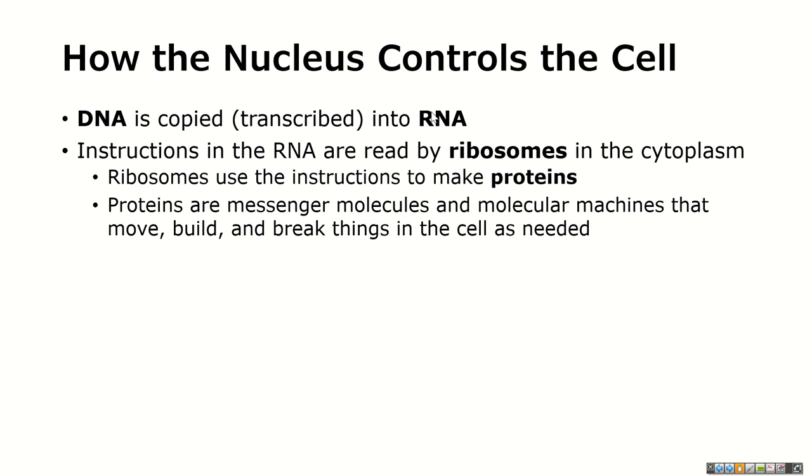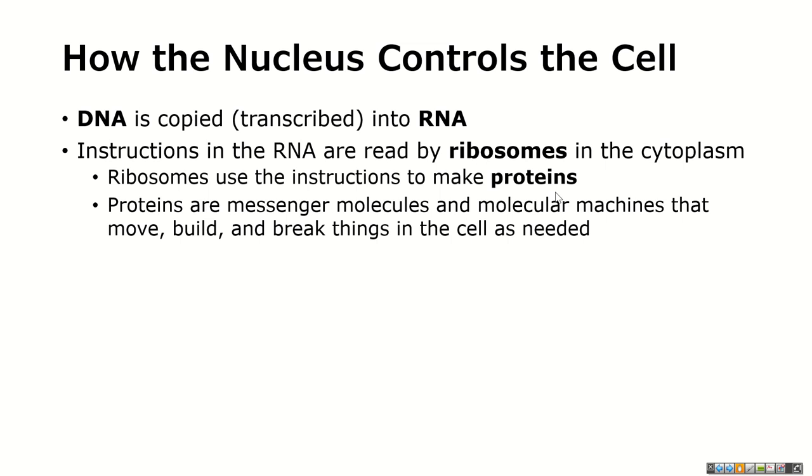So the way that things happen in the cell is that the DNA is going to be copied into RNA. Okay, it's a very similar molecule. Again, we'll talk about it later in the semester. We call this process transcription. So the DNA is transcribed into RNA. That RNA then leaves the nucleus, binds with a ribosome, and the ribosome takes those instructions and uses that to make a protein.